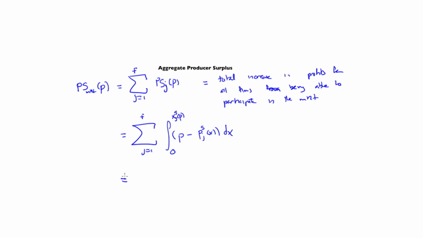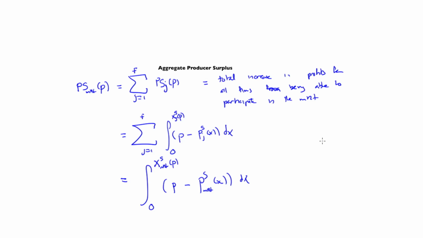And for exactly the same intuition that I gave you before for the case of aggregate consumer surplus, which I'm not going to repeat here, we can write this as the integral from 0 to, for the market, the amount supplied at price P of P minus the inverse supply function for the market, dx.